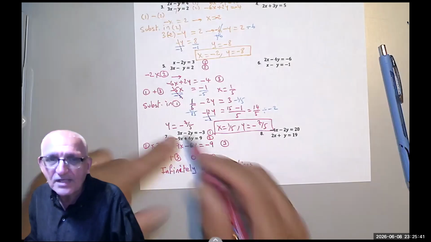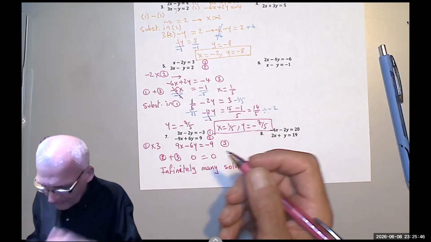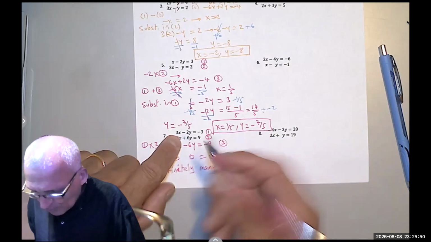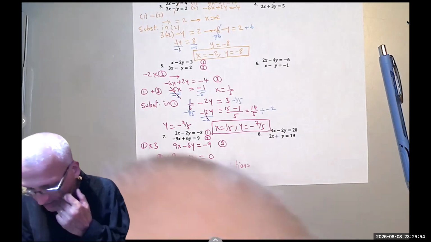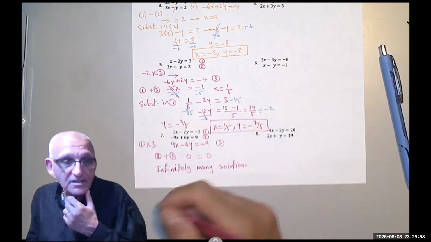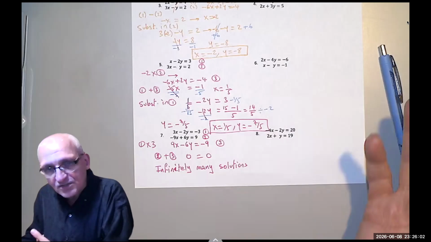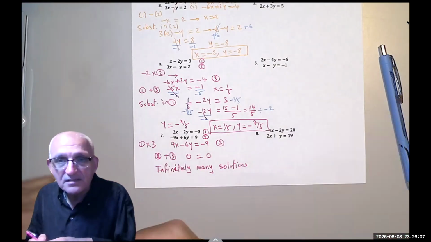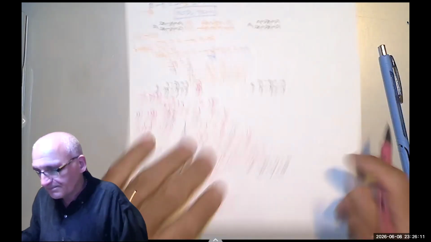Why am I confusing myself? I said if x is 1, you get 3. So 1 and 3 is a solution. It's one of the solutions. Right? Yeah, 1 and 3 is a solution. And you can pick any value for x or y and find the corresponding value of y or x, and you get a solution. So there are infinitely many solutions.